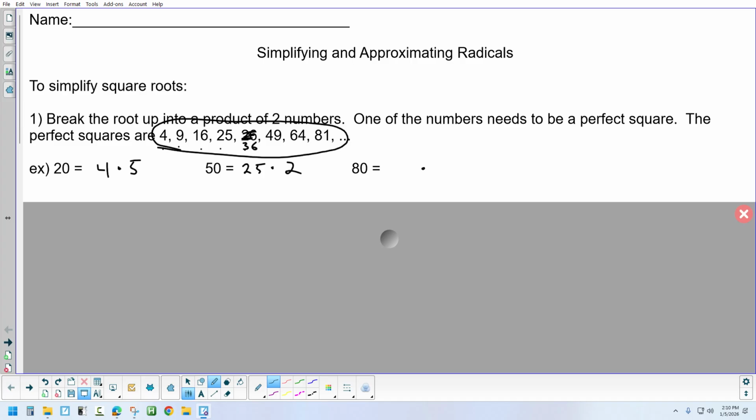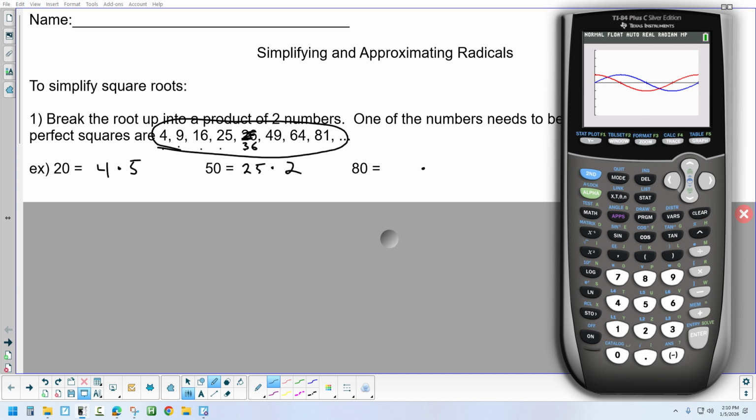But we might be able to do 16 times something else. 16 times 5. If you're not sure, we could just take our calculator and check. No, I think we got it, 16 times 5. But if you're ever not sure, just use division to check it. Yep, 16 times 5. Perfect.